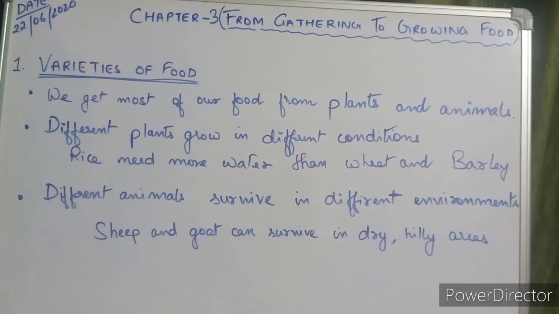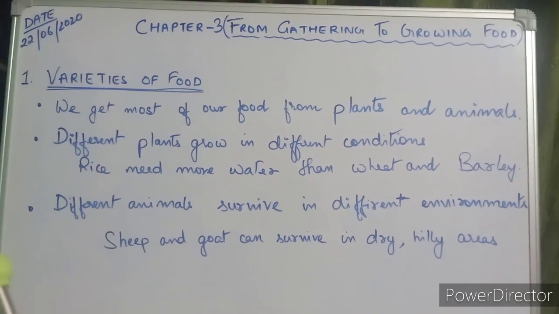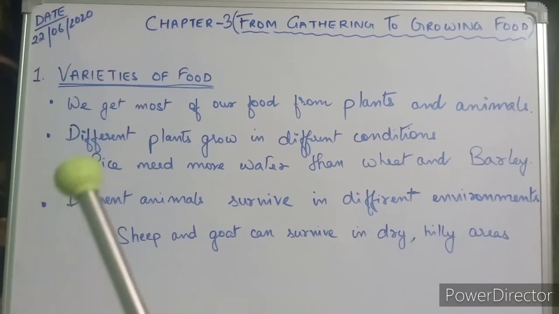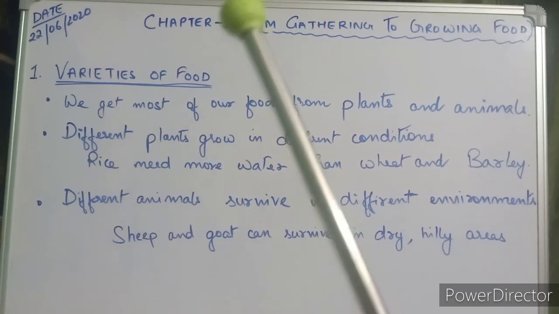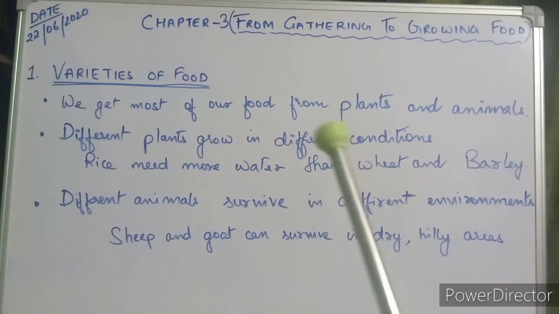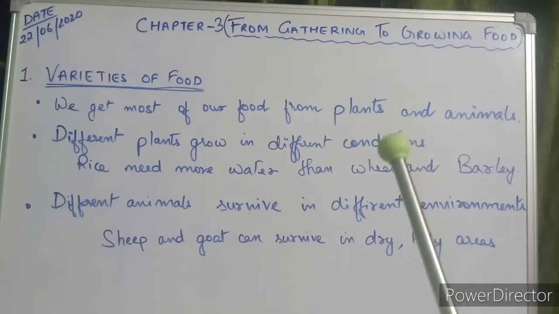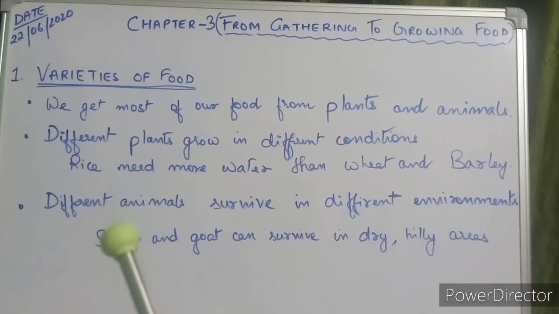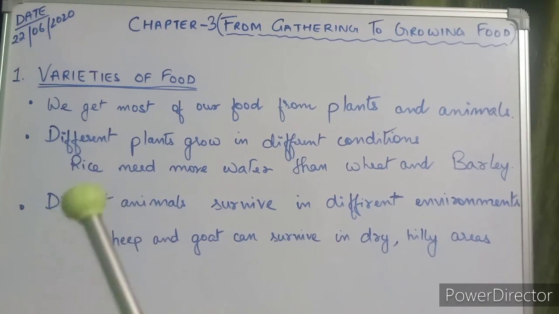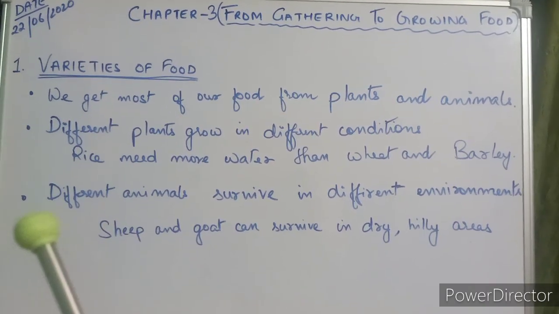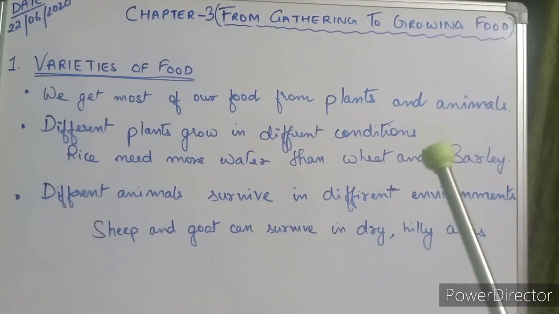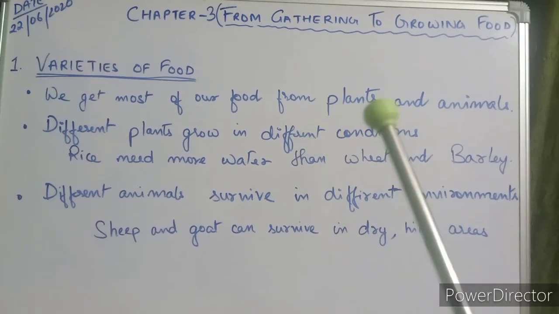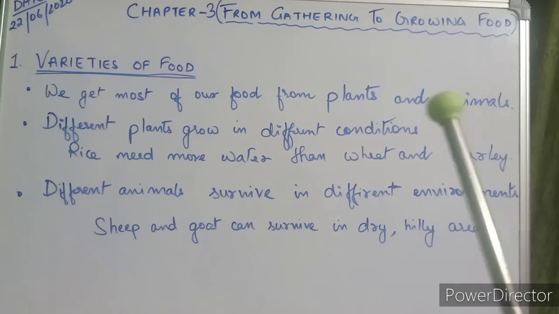So in our previous chapter we learned about how the herders started growing food, and how they also started indulging in fishing as a habit, and how they actually reared animals, right? So we get most of our food from plants and animals, the plants that we grow and the animals that have been reared.